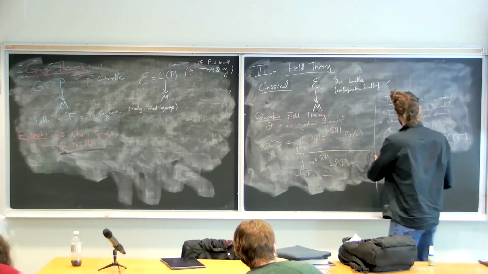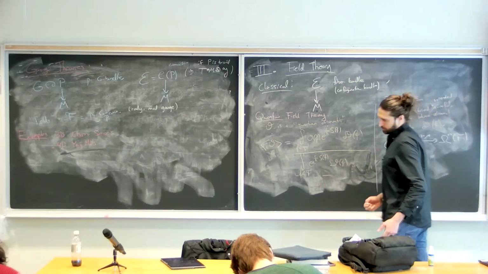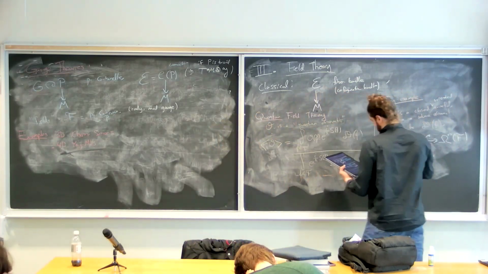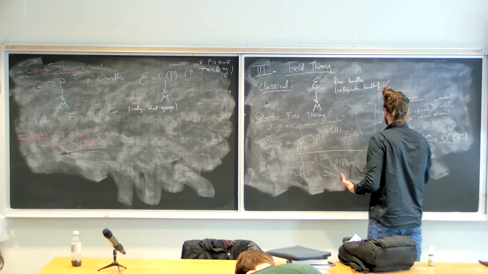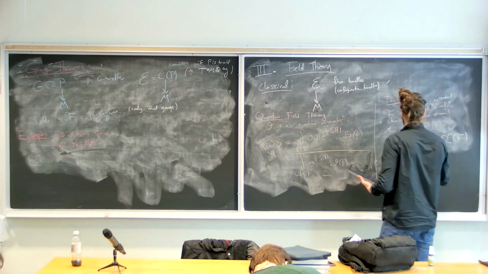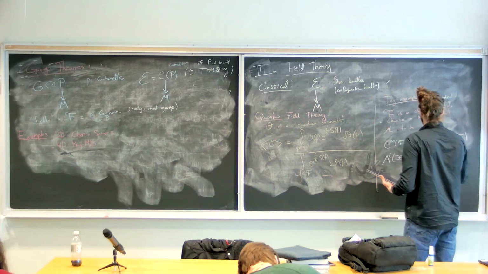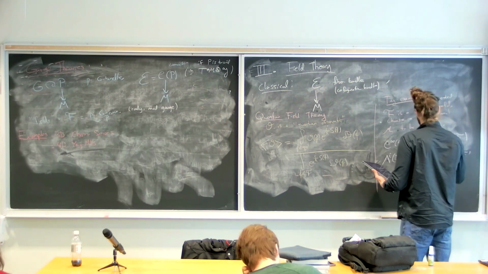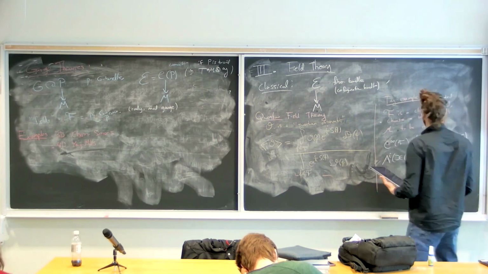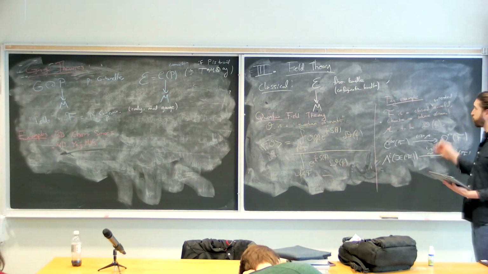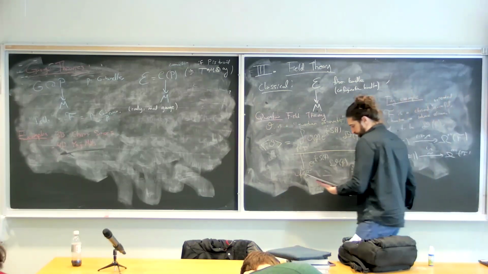And more generally, if I look at multi-vector fields, say i-fold multi-vector fields, I can identify that with (n minus i)-forms on F by contracting with mu. Okay, so we get these canonical identifications once I choose a volume element.